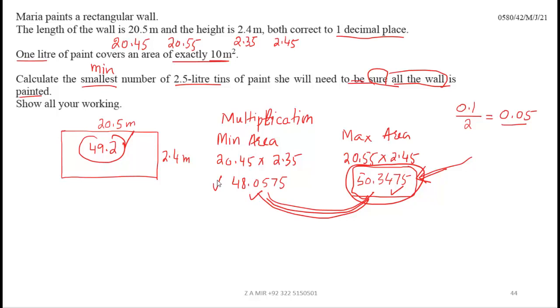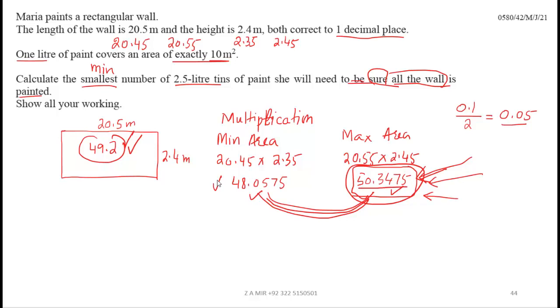If we used the other area, the actual wall may have an area greater than 49.2. But here we are 100% sure the area of the wall cannot be more than this. It can be either equal to this or less than this.